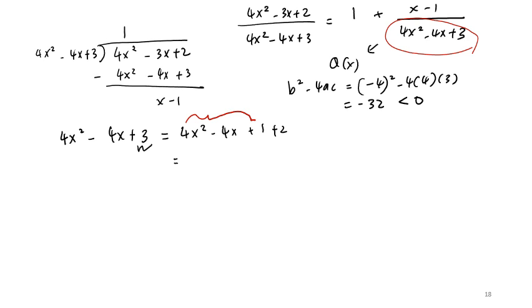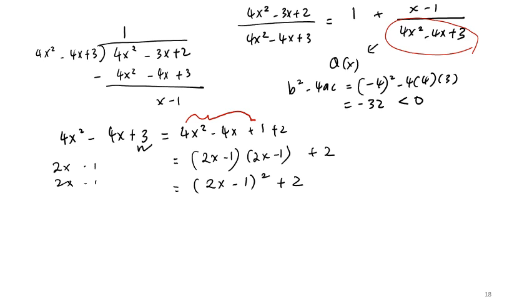That gives (2x minus 1)(2x minus 1) plus 2. So this is completing the square.